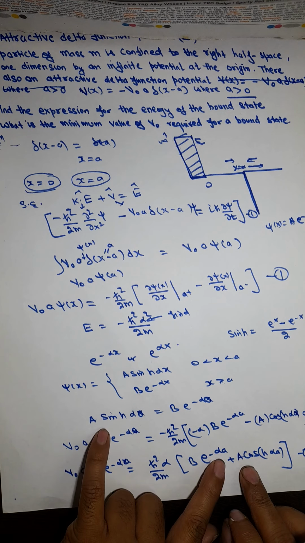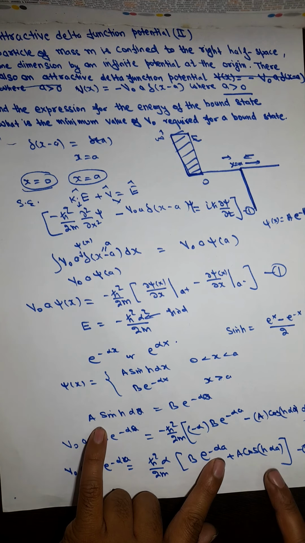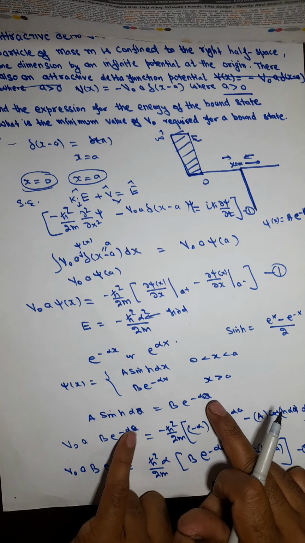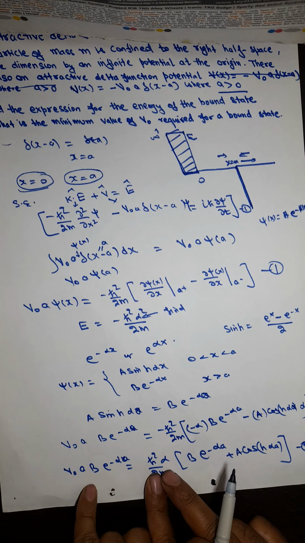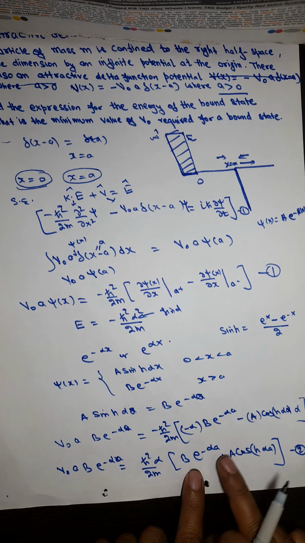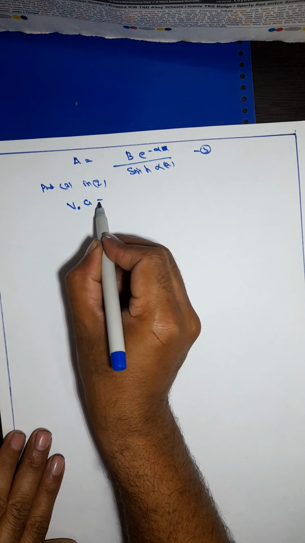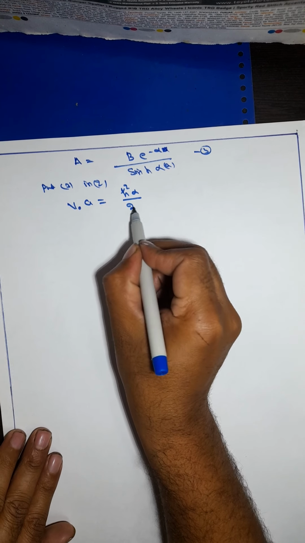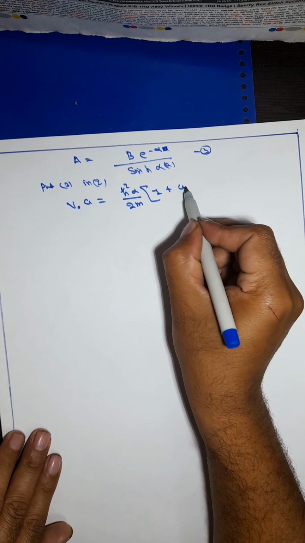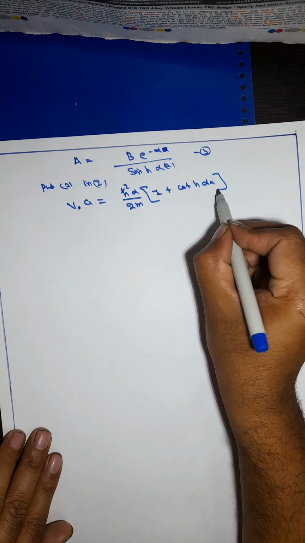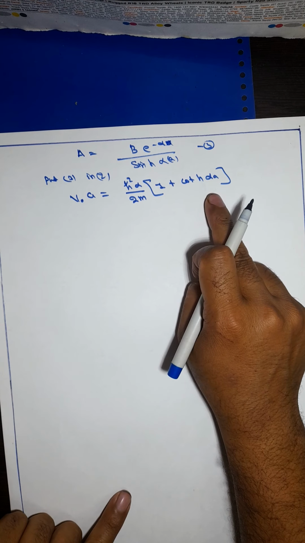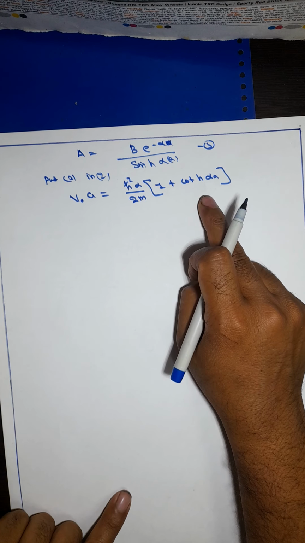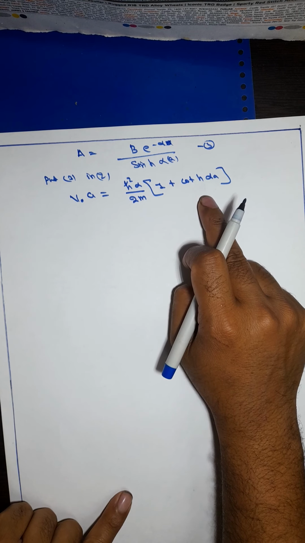You replace a by this expression, and cos by sine becomes coth, and the e raised to the power minus alpha a terms cancel, with e raised to the power minus alpha common. So my equation becomes b naught times a equal to h-bar squared alpha divided by 2m times 1 plus coth(alpha a). So multiply both sides by sinh(alpha a). Since coth is equal to cos by sine, you need to multiply both sides by sinh(alpha a).